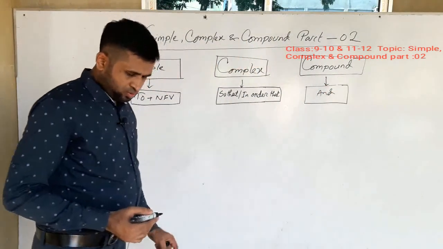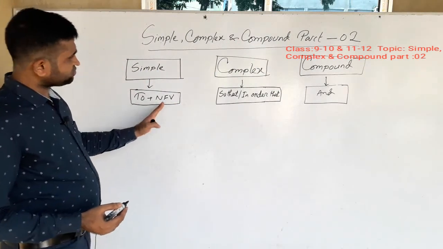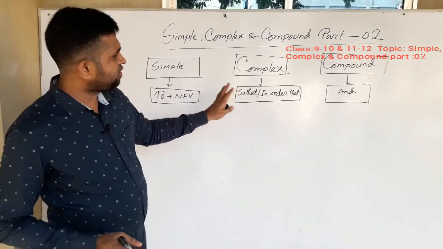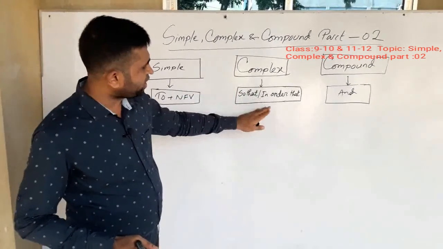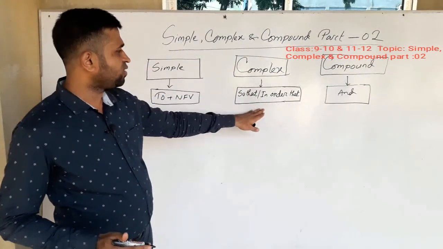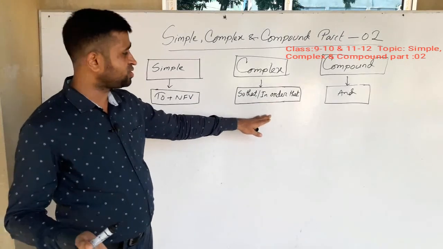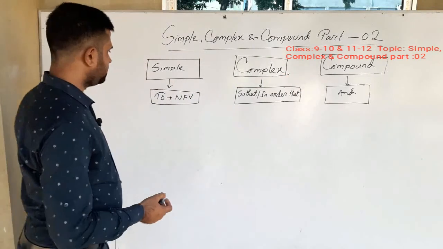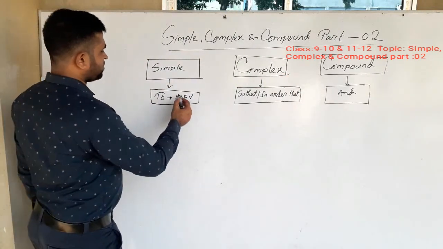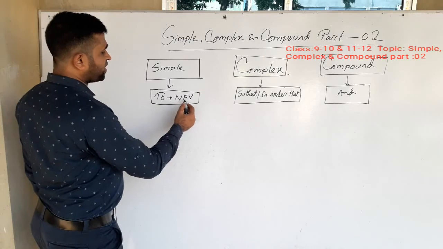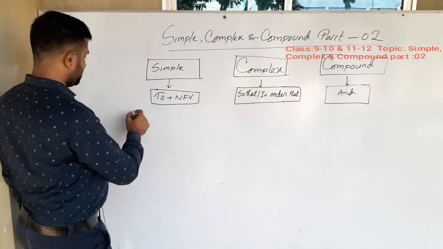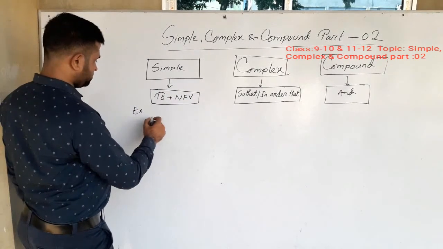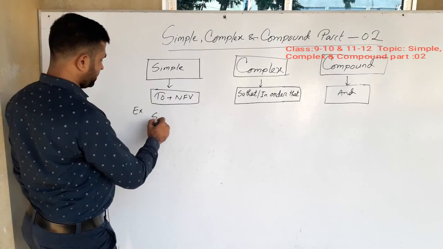Dear, by seeing the board you can easily identify what kinds of word I have used in simple, complex and compound. You can ask me, sir, what is it? Non-finite verb.